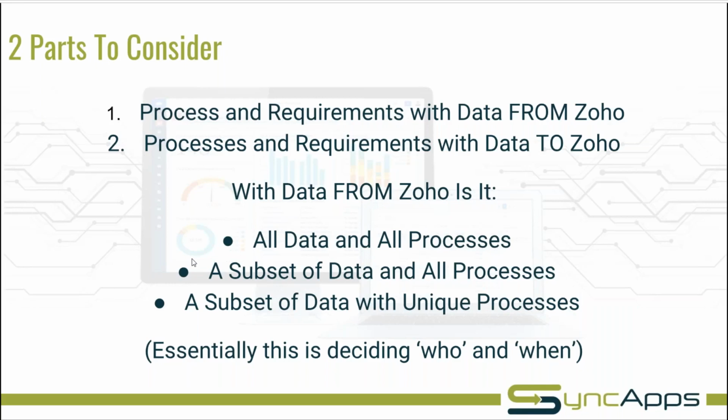It's with data from Zoho. So is it all data and all processes, meaning we've got this universal process that we're looking to facilitate, meaning that all leads, all contacts, we want from Zoho into our email marketing tool, or is it a subset of the data and all processes, or a subset of data with unique processes?